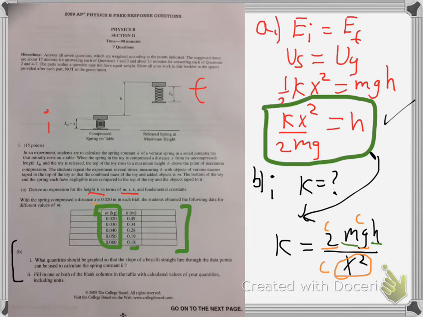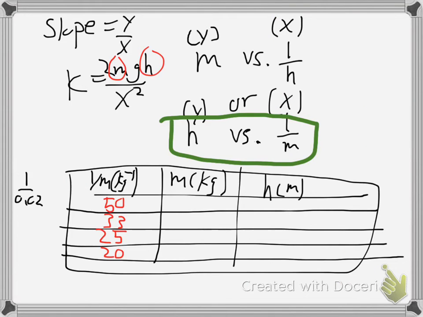And the final one, 1 over 0.06, comes out to about 17. So this is 0.02, 0.03, 0.04, 0.05, and 0.06. This is what they're looking for in part 2.